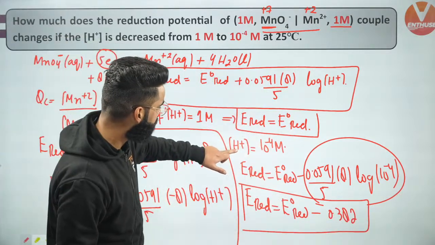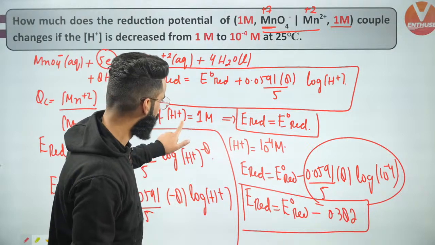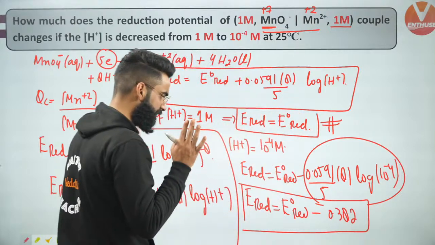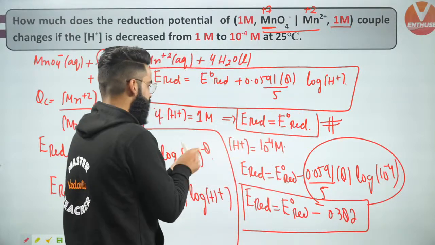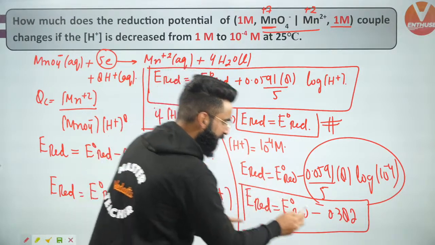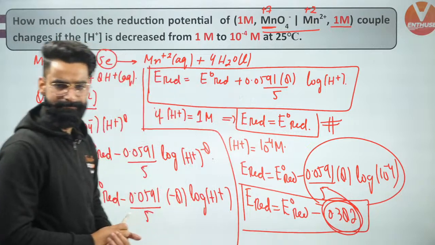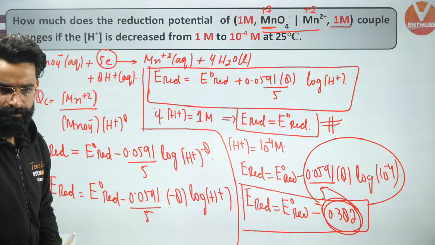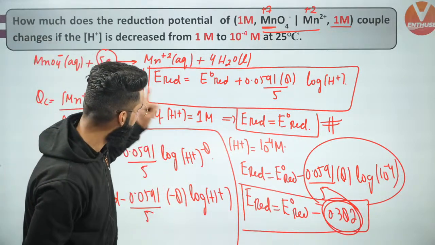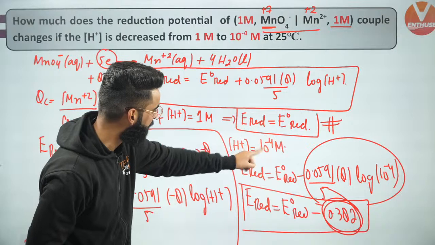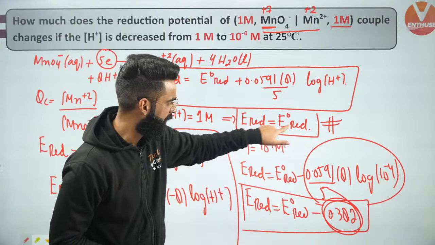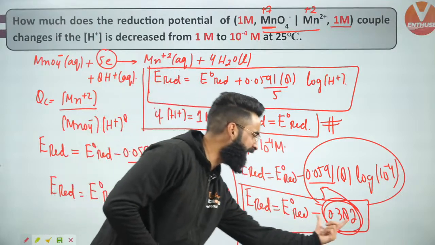Now people, understand one important thing right here. When the concentration of H positive was kept as 1 molar, at that time the reduction potential of the electrode was equal to the standard reduction potential. When the concentration of H positive is changed from 1 molar to 10 power minus 4 molar, can I say the reduction potential got decreased by this much amount? Yes. Absolutely. That's what we were supposed to calculate. First it was equal to E naught RED. Now it is E naught RED minus something.